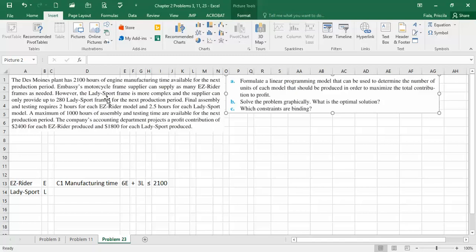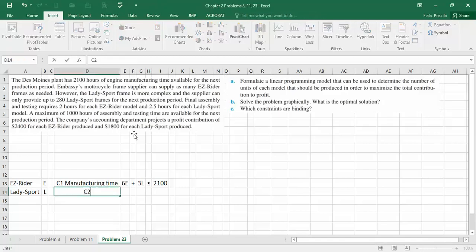However, the Lady Sport frame is more complex and the supplier can only provide up to 280 Lady Sport frames for the next production period. So there it is, our second constraint. Our second constraint is going to be frame production.